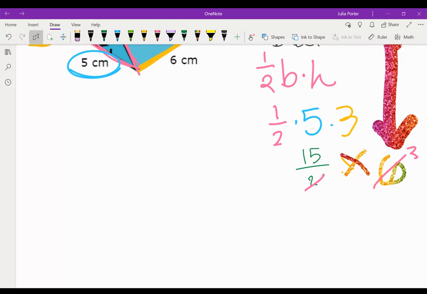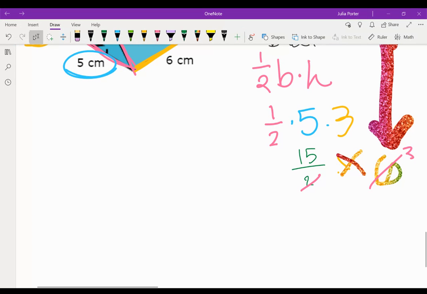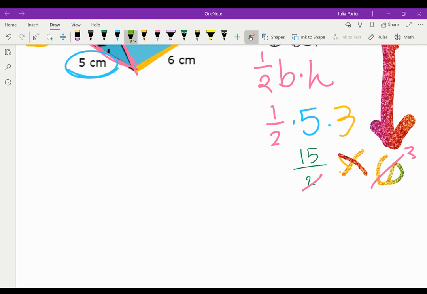So I get 15 times 3, which equals 45. That means that the volume of this triangular prism is 45 centimeters cubed.